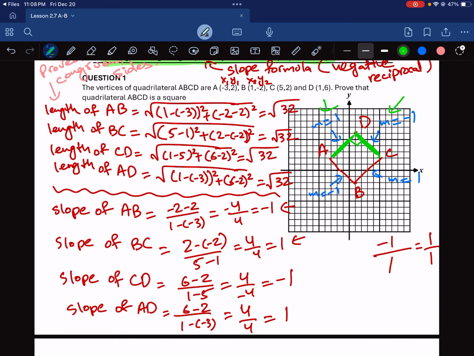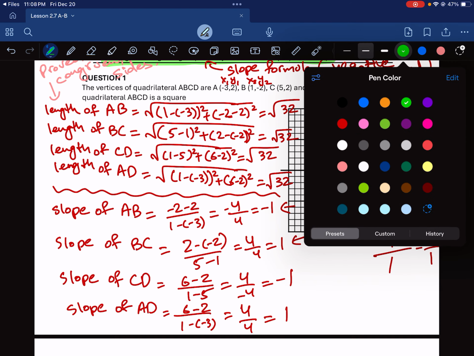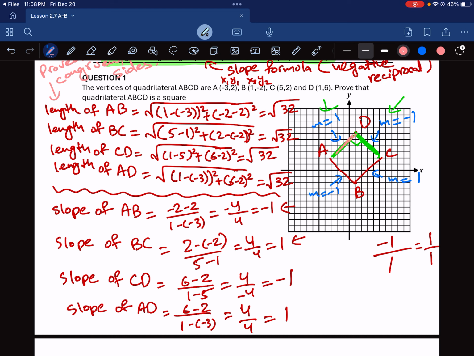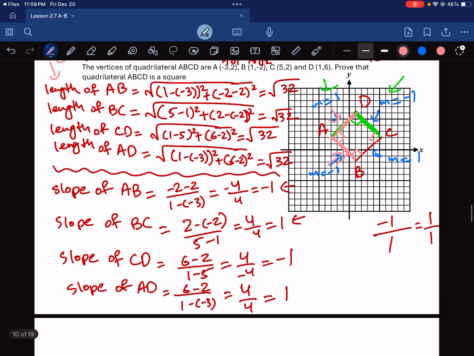Same thing with AD and AB. Do you see how the slopes of those two are also negative reciprocals, 1 and negative 1? So the angle is a right angle. All the angles are right angles because any two lines next to each other have negative reciprocal slopes. And all sides are congruent because all of them have the same length.